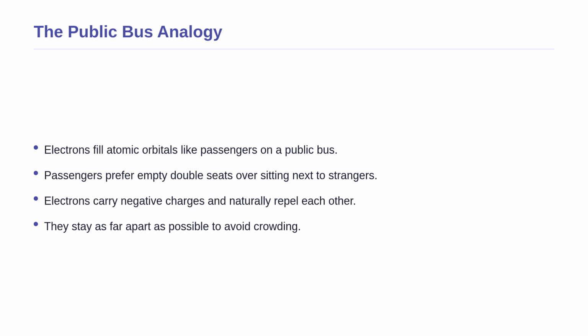Electrons behave in the exact same way when they are filling up the seats or orbitals inside an atom. Because electrons all carry a negative electrical charge, they naturally repel one another and want to stay as far apart as possible. This simple, everyday logic of avoiding crowding is the perfect way to understand atomic structure.